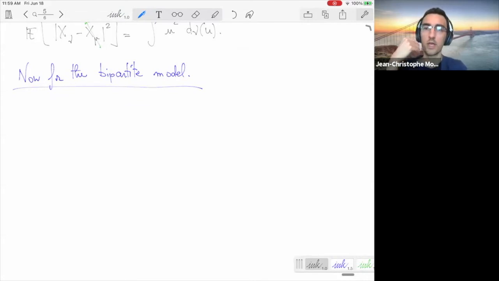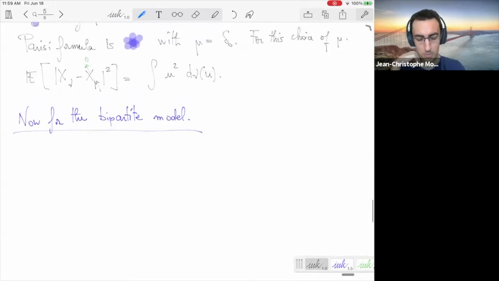So there's a question in the chat. Indeed, if you want to figure out the free energy of the model with the magnetic field square root of 2h z dot sigma, then you have it from the same result by setting mu equals delta h.